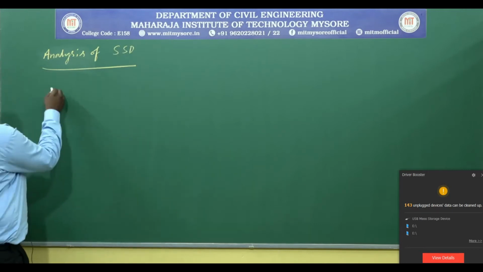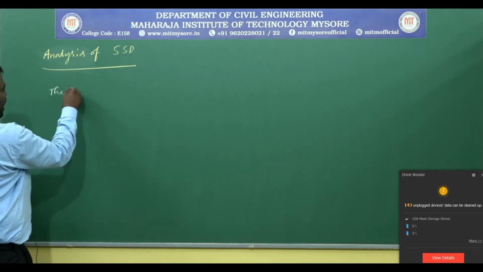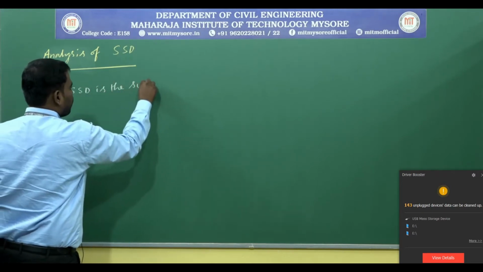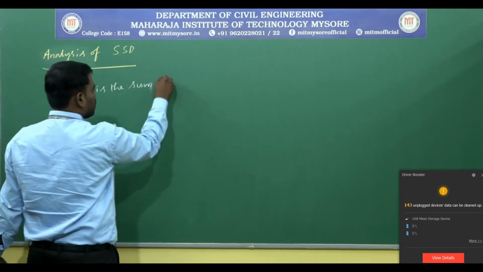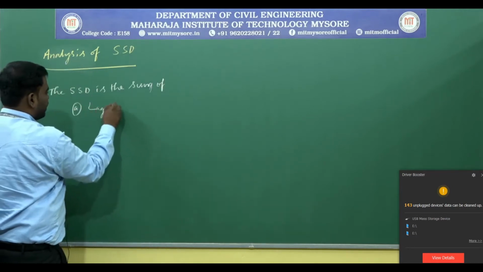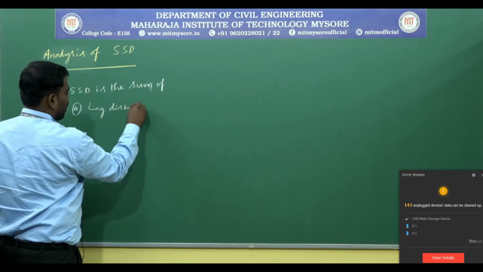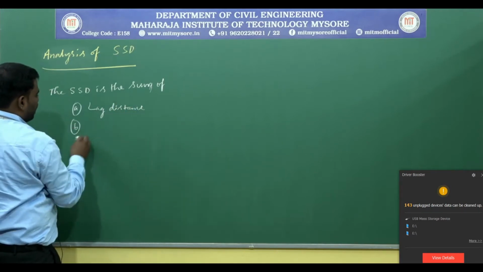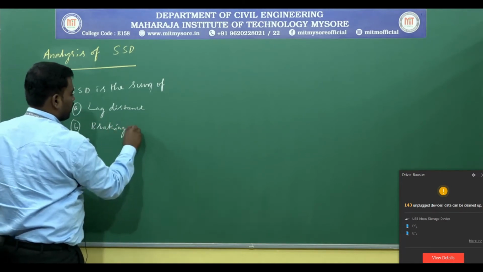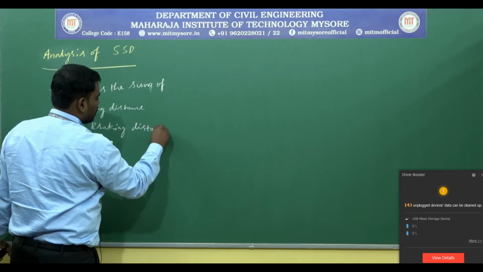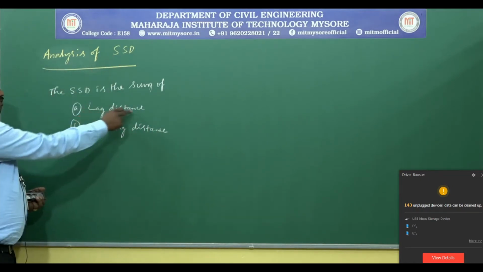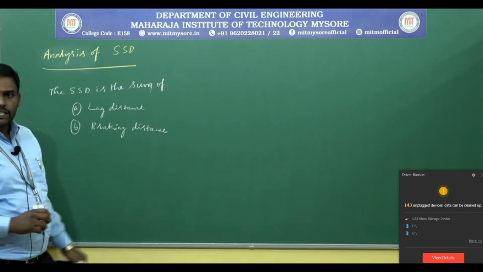The SSD is the sum of number A, lag distance, and number B, braking distance.